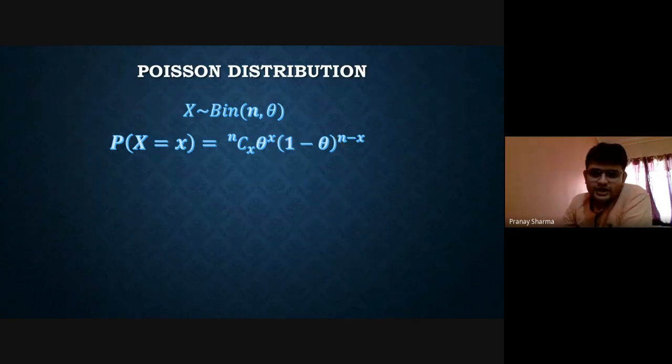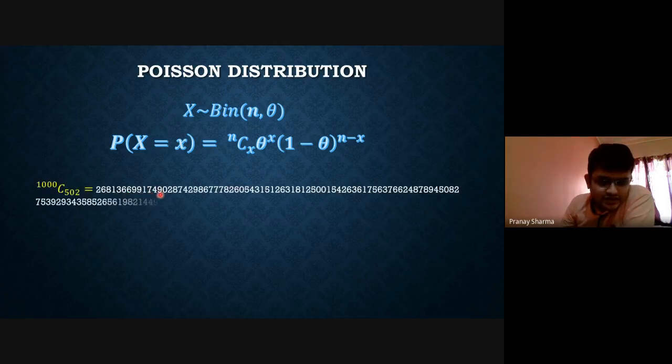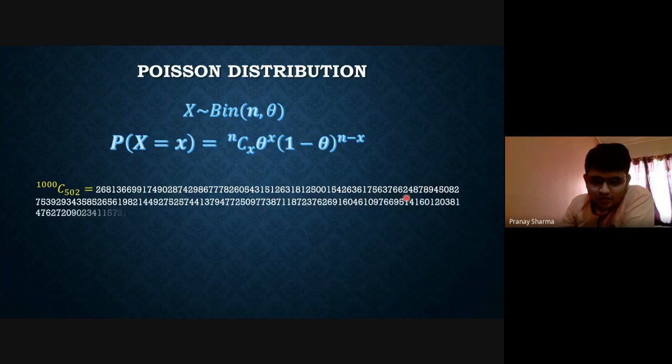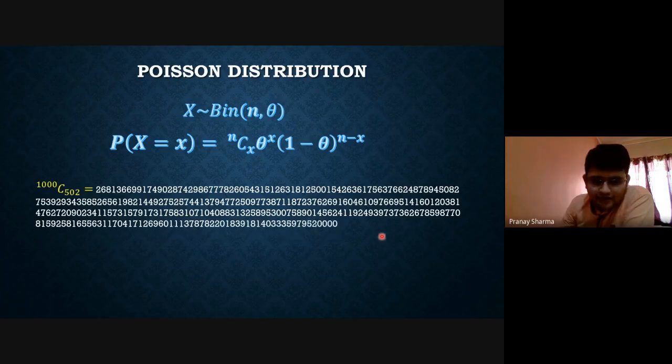Now here, let's say my n is large, 1000, and I need to find the probability of getting 502 successes. So I will get 1000C502. Let's see what that value is going to be. 1000C502 is going to be 2681, and then something more, and finally 0000.